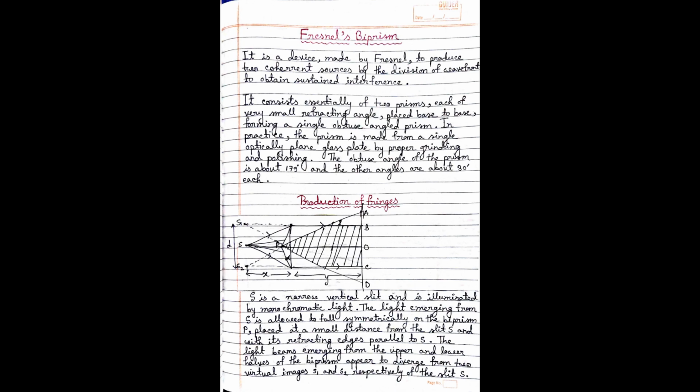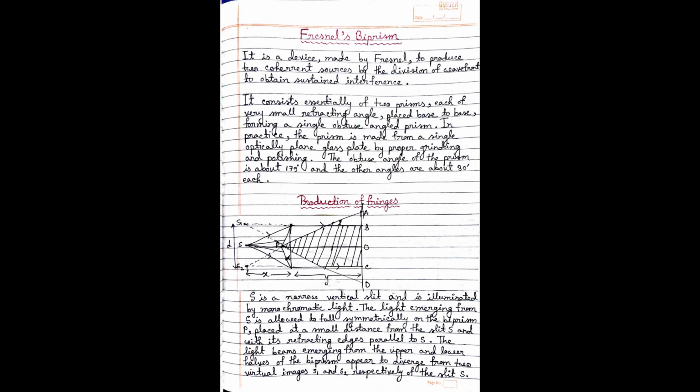Thus, S1 and S2 act as two virtual coherent sources. The light coming from BS1D and AS2C diverging from S1 and S2 are superposed at BC, BC being the overlapping region where the interference fringes are formed.